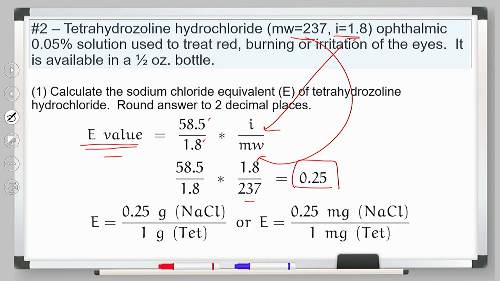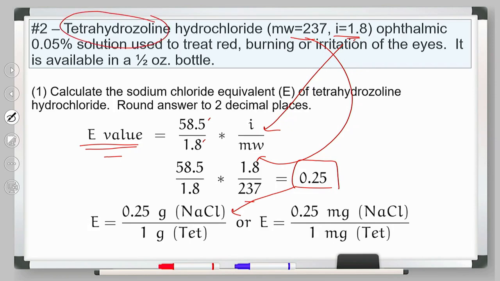But anyway, so I give you an E value of 0.25. What does that mean? This is super important that you understand. An E value, when you have it, represents the weight of sodium chloride in grams per gram of the drug. And in this case, our drug is tetrahydrolysine.